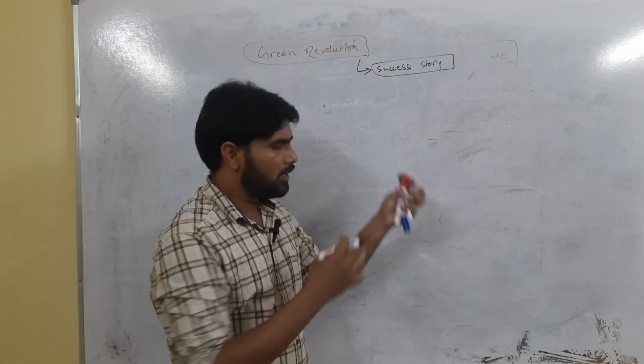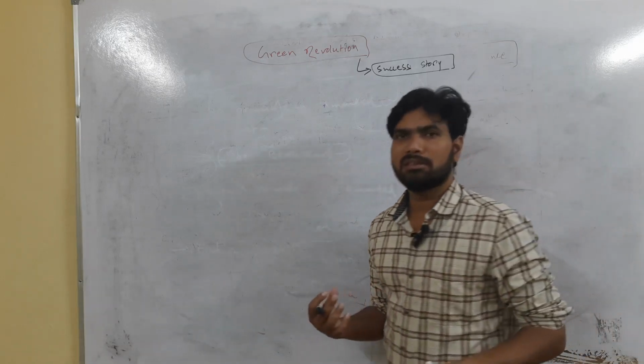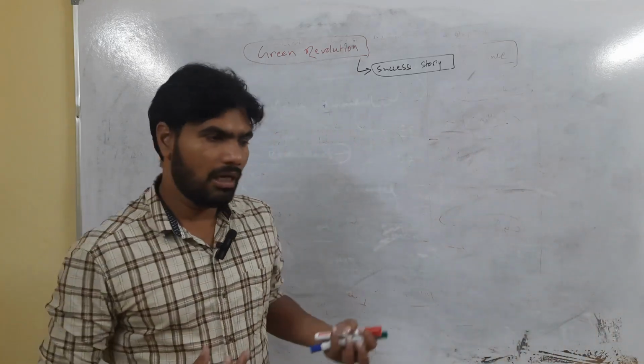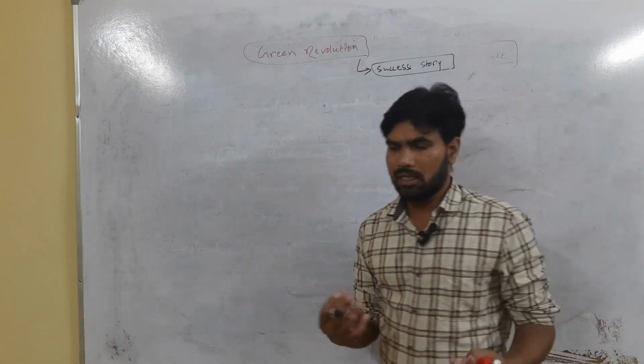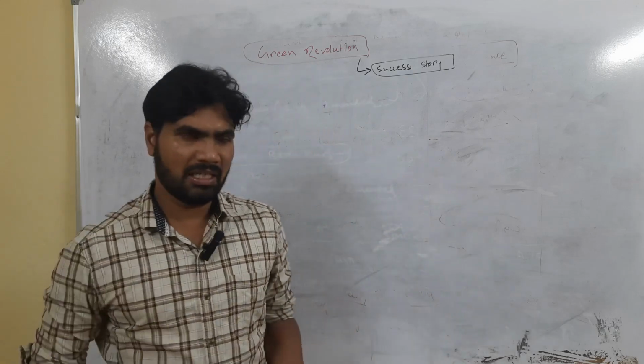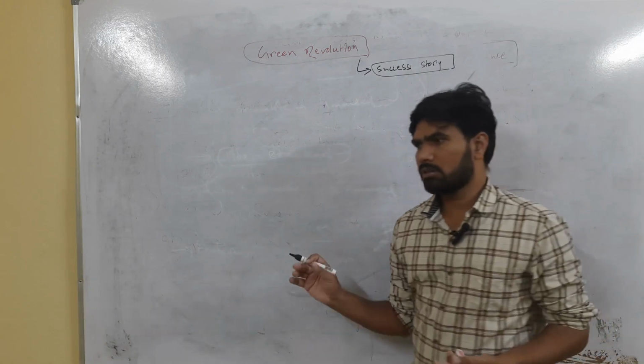Apart from that, what are the methods that were used, how we started using these methods, what were the outcomes of those methods, how that impacted the agriculture sector, how we could solve the problem of hunger. All these things, of course, we have to study.